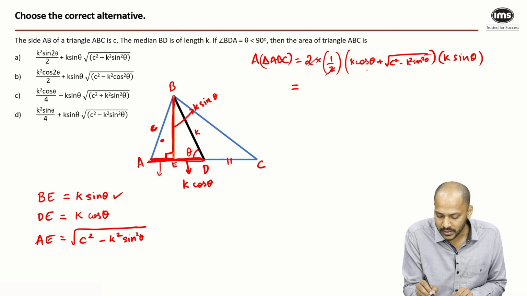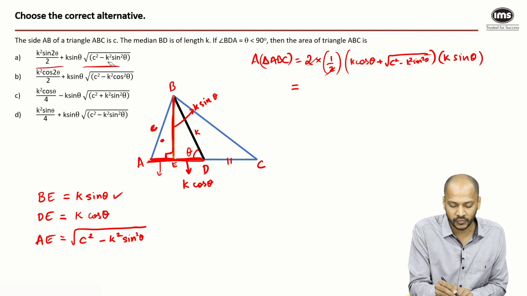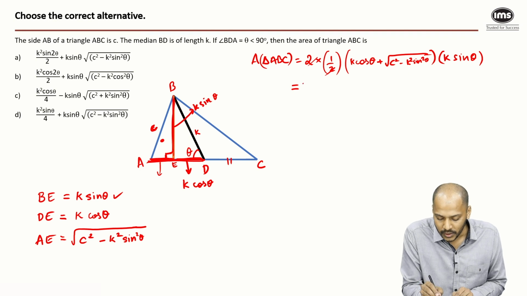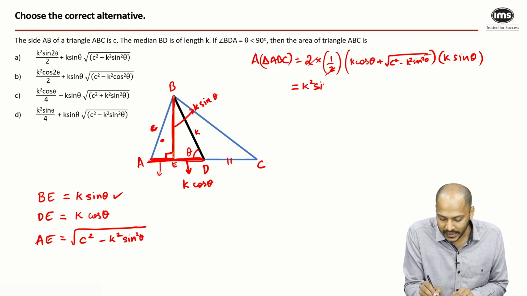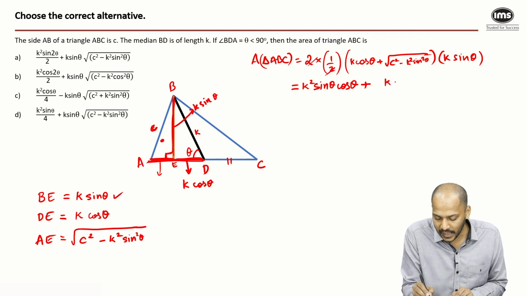What we have is k into, so basically we'll multiply this because there are two terms in each of the options. So there will be a k square sine theta cos theta plus k sine theta into under root of c square minus k square sine square theta.